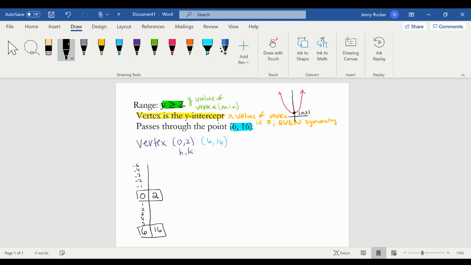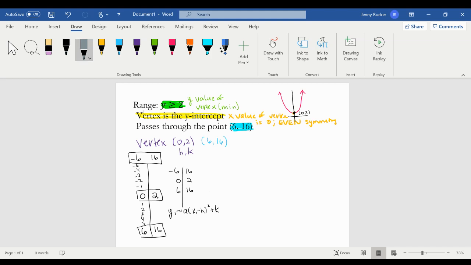Again, I don't know the y values at -1, -2, -3, -4, and -5 for x, but using the symmetry at -6, the y value should be 16. So I can add the table -6, 16, 0, 2, 6, 16 to Desmos and have Desmos generate the vertex form equation by doing y1 tilde a(x1 minus h) squared plus k.